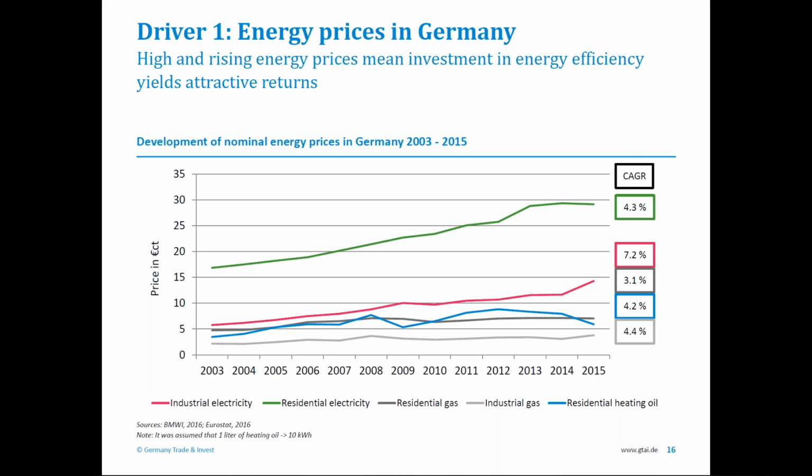Industrial electricity is shown here in pink, and you can also see the clear increase in price. The graph shows a single line, but there's actually a bit of a spectrum now, between somewhere around 11 and 15 cents, depending on a number of factors, such as consumption levels. Residential oil, shown in blue, and industrial gas in light grey have remained more steady, but they still show relatively high percentage increases, as you can see here on the right-hand side.